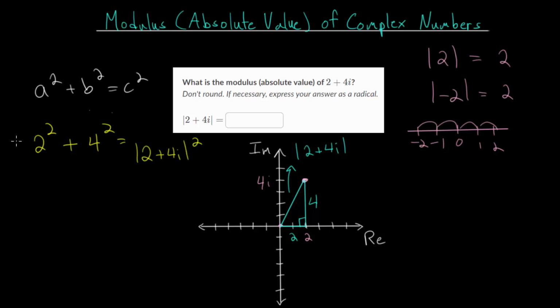And from here, we can simplify the left-hand side, since 2 times 2 is 4, 4 times 4 is 16, and this is equal to the absolute value of 2 plus 4i squared. And we're solving for this modulus, this absolute value. So let's take a square root of each side after simplifying 4 plus 16, which is just 20.